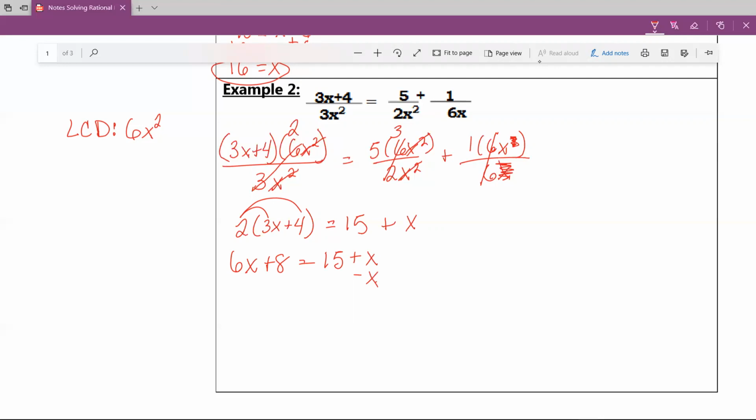Move my x to the other side. Move my 8 to the other side. 15 minus 8 is 7. And then divide both sides by 5. X is equal to 7 over 5. Oh, but I forgot. What are things that are not solutions?